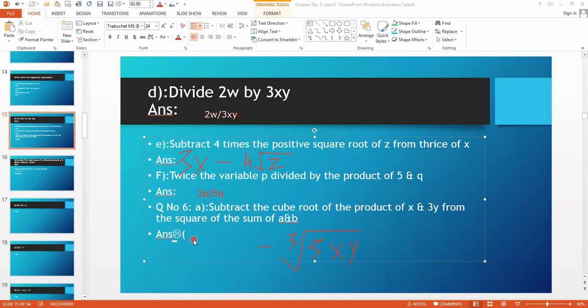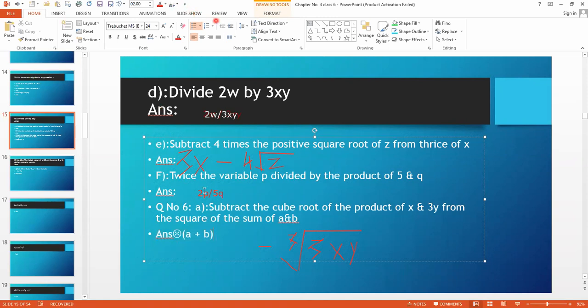So a, I write it here. Add means put the sign of plus. Sum of a and b, so a plus b. Now I close the bracket, and then I take its square. Square means here I put 2.